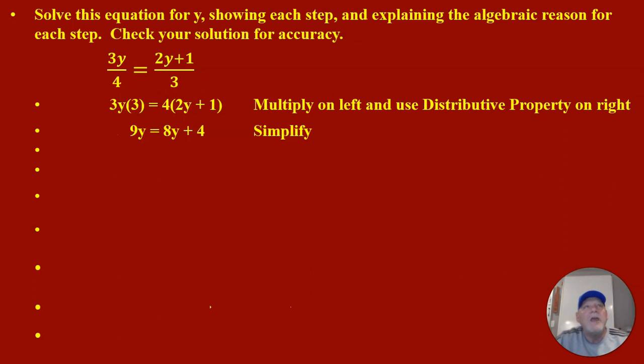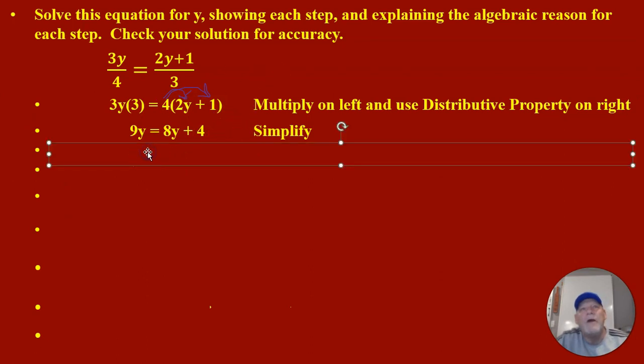Then I use the distributive property by taking the 4 times the 2y plus the 4 times the 1. And when I do that, 4 times 2y is 8y. 4 times the 1 is 4.